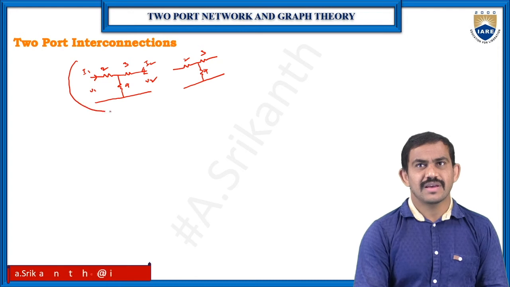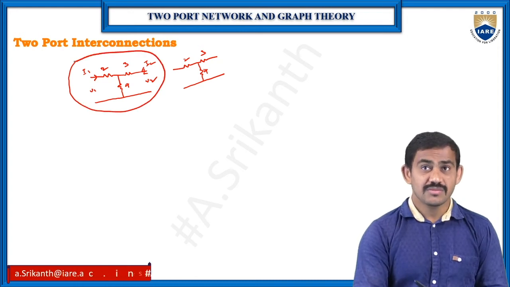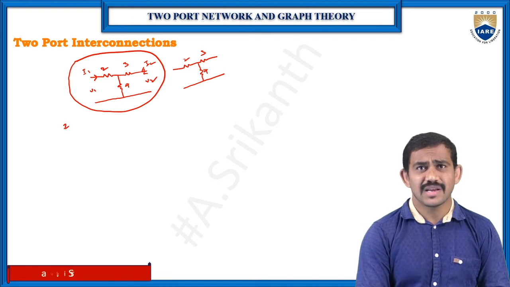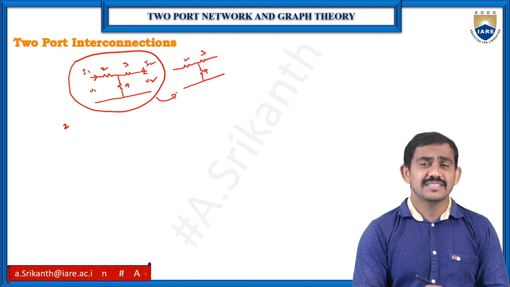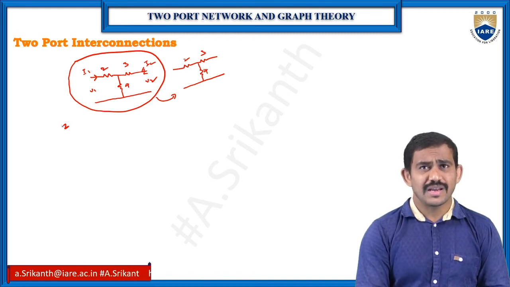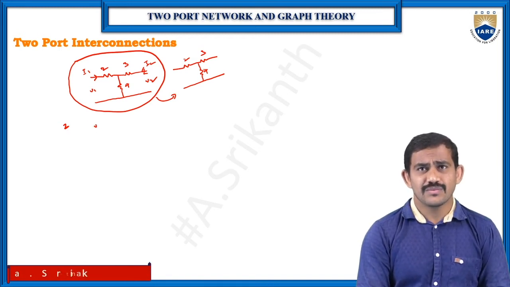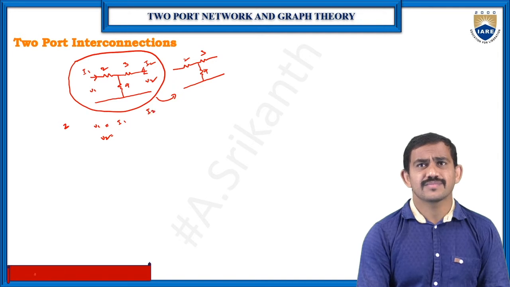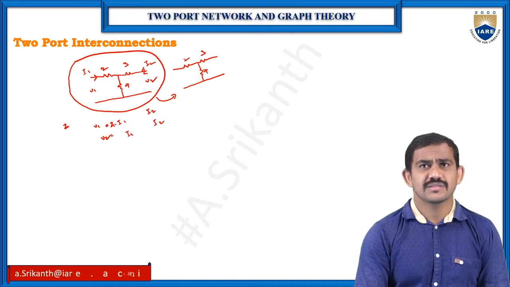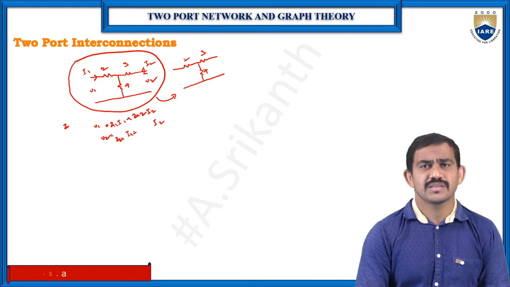Now for this network, find the impedance values. Impedance, because both are connected to each other in series. Impedance means V1 and V2 in terms of I1 and I2: Z11 plus Z12, Z21 plus Z22.